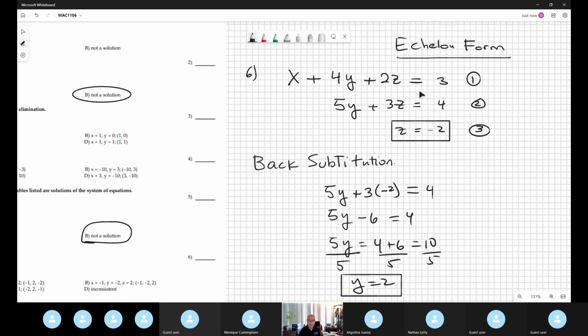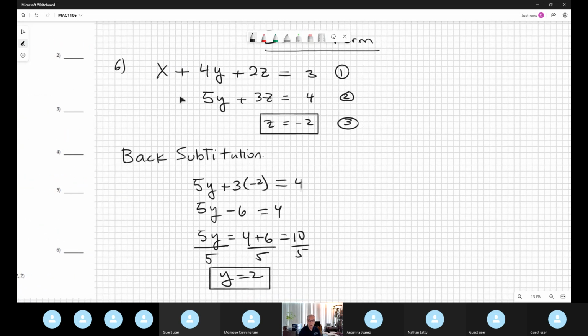Because I go back to the first equation. The first equation is x, I don't know, no idea. 4 times 2, we get the y value, plus 2 times c, which is negative 2, is equal to 3. This is 8, this is negative 4, and 8 minus 4 is positive 4.